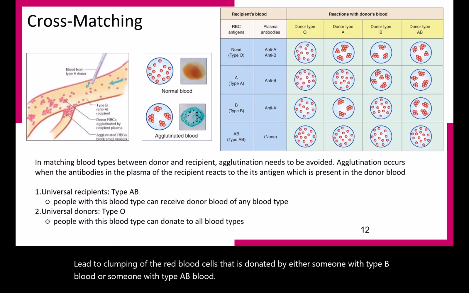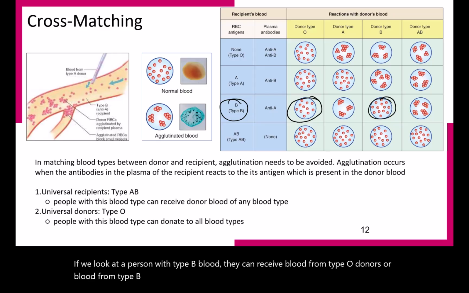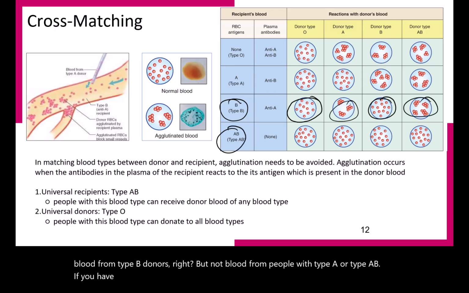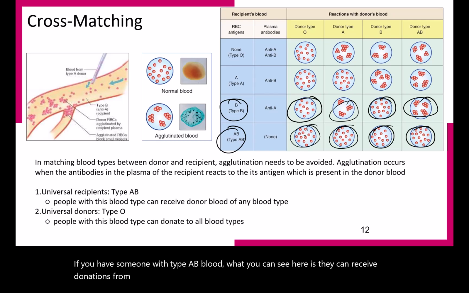If we look at a person with type B blood, they can receive blood from type O donors or from type B donors, right? But not blood from people with type A or type AB. Someone with type AB blood can receive donations from anyone, because you don't get clumping with any of the 4 donor types.